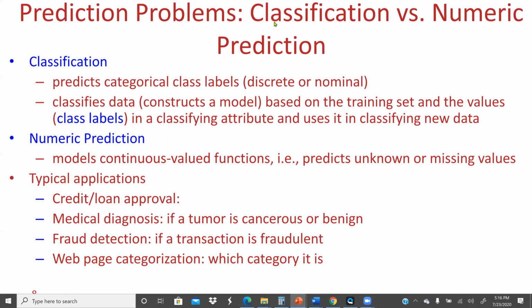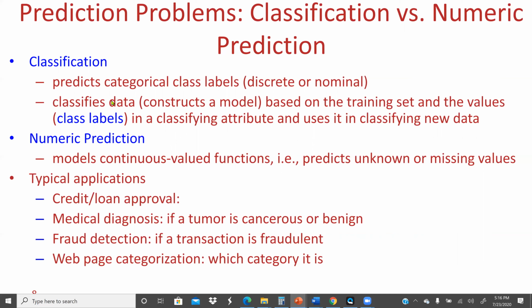It's called classification because the class label will most likely be nominal or discrete. A neural network or even a regression algorithm normally predicts numeric or quantitative values.